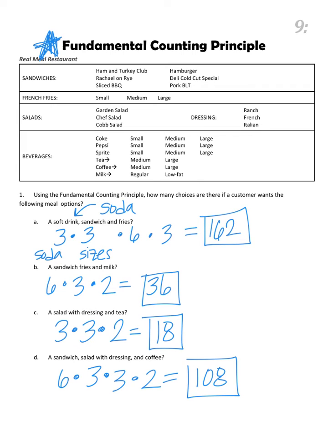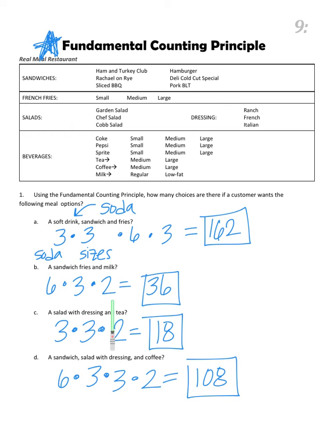Alright, so make sure you have everything right. For soft drink, I made a note that would be any of the sodas above. It's like Coke, Pepsi, or Sprite. So there are 3 types of sodas and 3 different sizes. So 3 times 3 times 6 times 3, you get 162 outcomes. For sandwich, fries, and milk, 6 sandwiches, 3 sizes of fries, 2 sizes of milk.